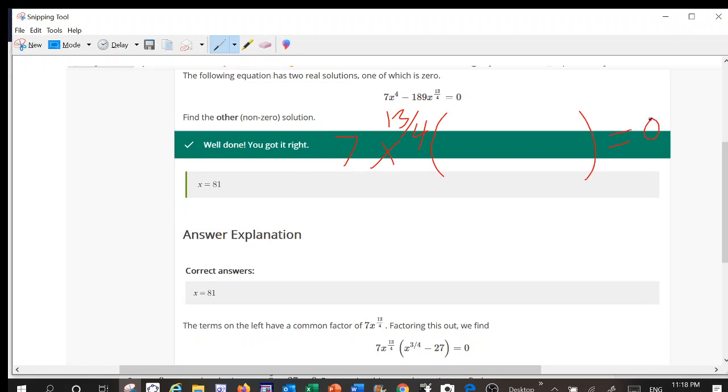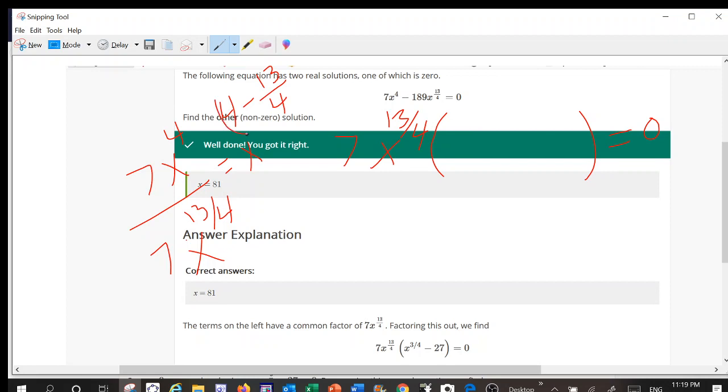Now to do that, well, what do I get if I divide 7x to the 4th by 7x to the 13 over 4? Now remember, 7 and 7 go away, so that would be x to the power of 4 minus 13 over 4.